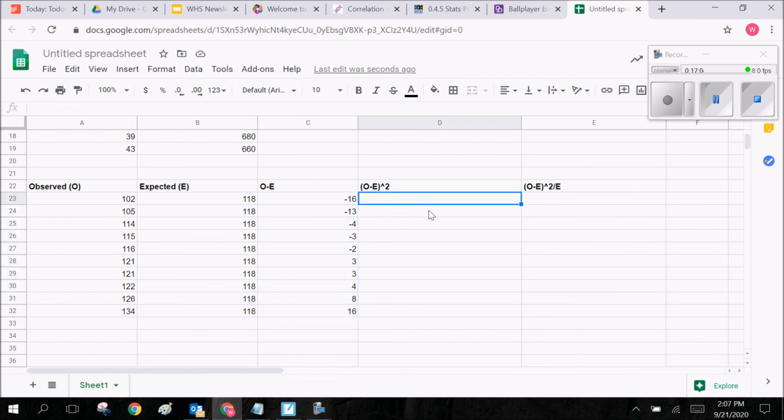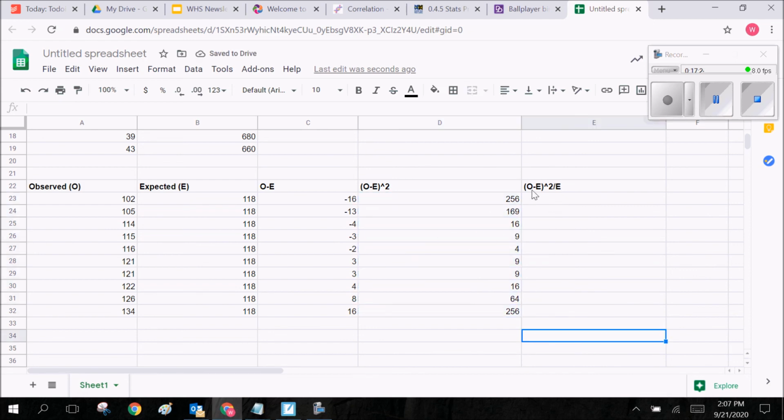Now all I have to do is square everything in this column. So how do I do that? Equals, what is this cell? C23. Whoops, I need to put that in parentheses, and then square it. And bam, I get that. Then I come down here, drag that down, boom, already got that.